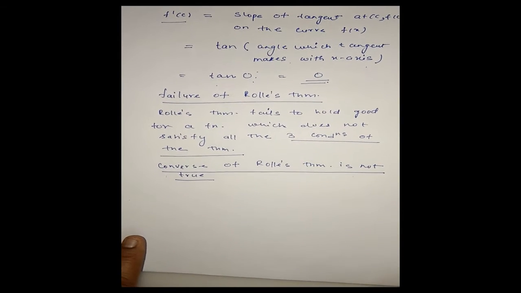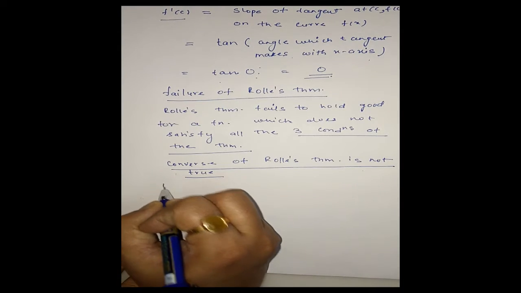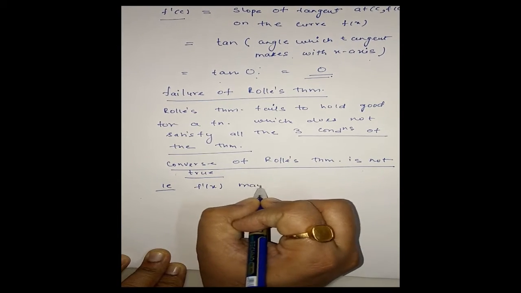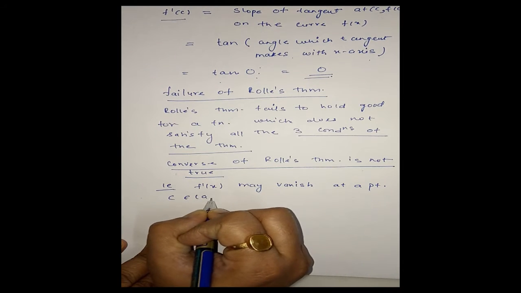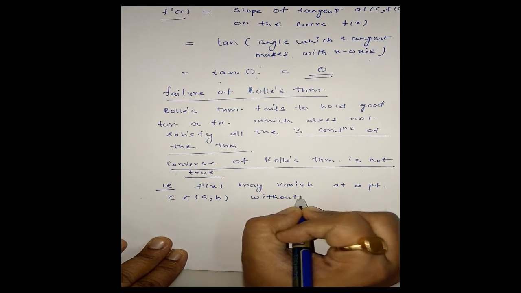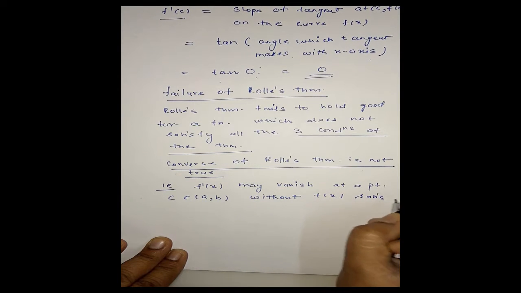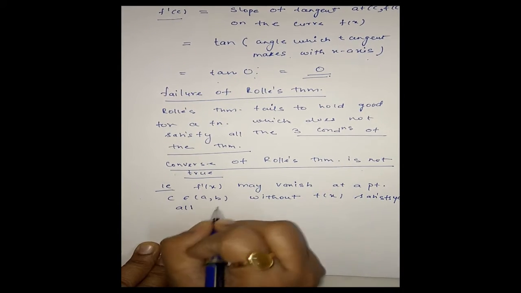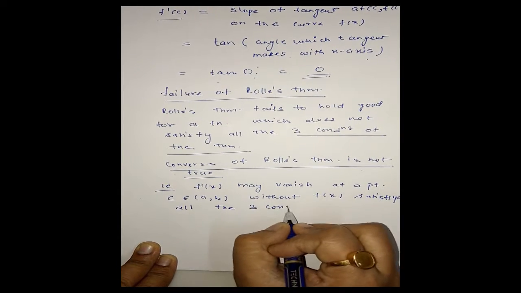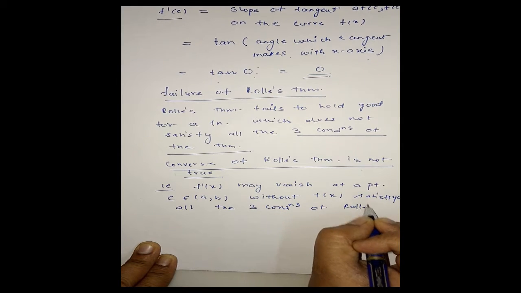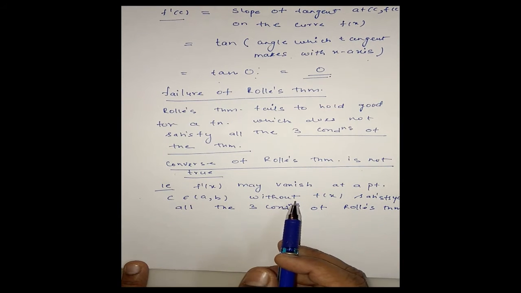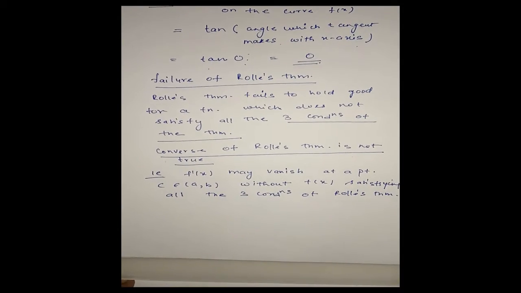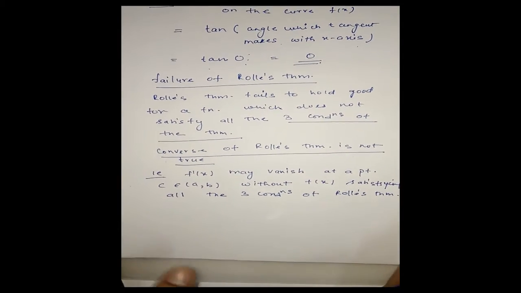That is, f dash x may vanish at a point in the open interval AB without f(x) satisfying all the three conditions of Rolle's theorem. Now we consider an example for this.